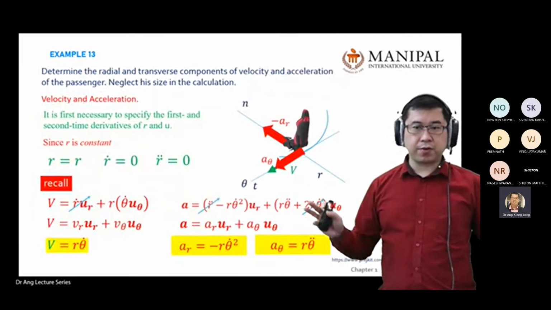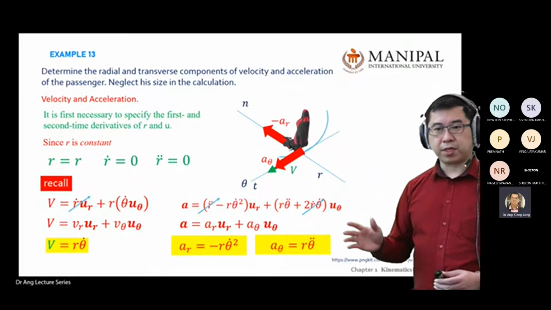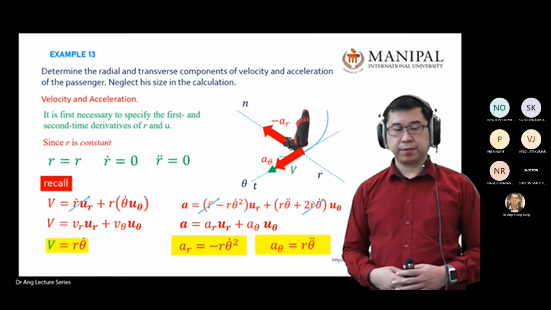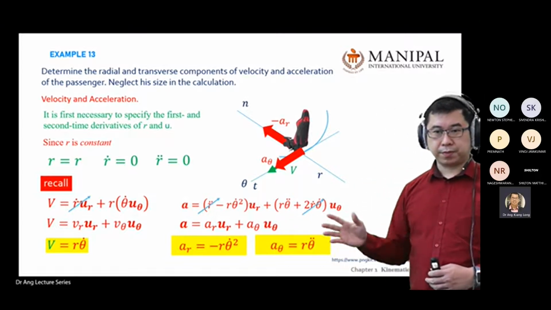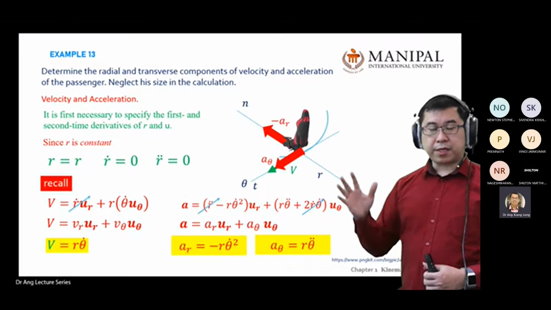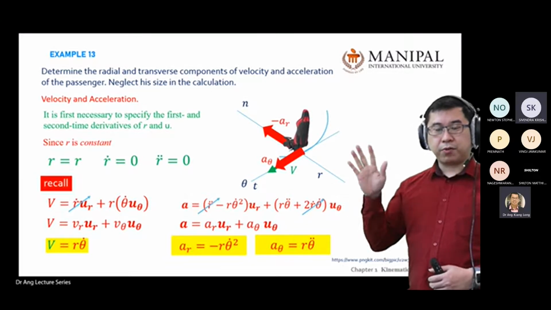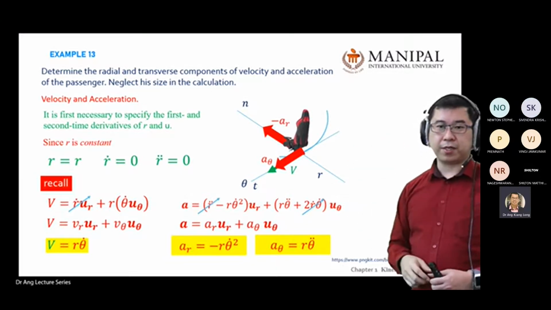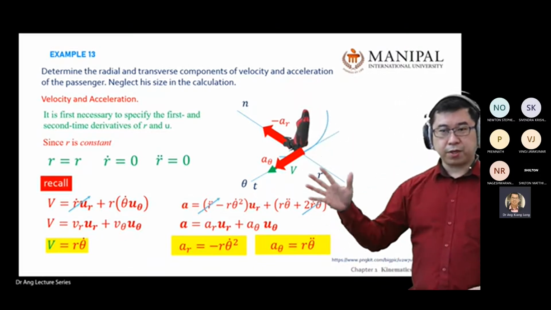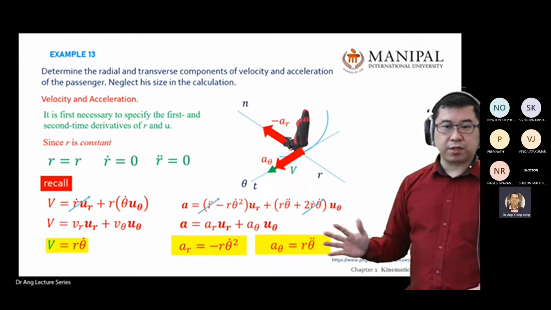Any question for this very simple derivation? This kind of question usually will be in the first section, which is maybe, for example, question 2a. Normally, it will ask you to derive the equation for this one.